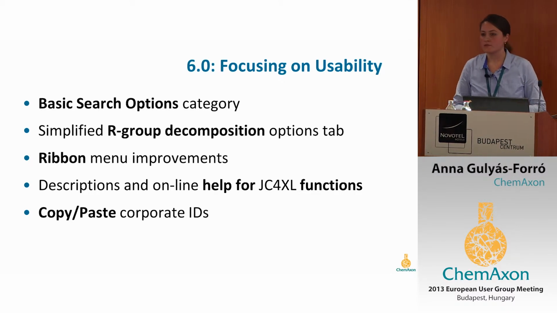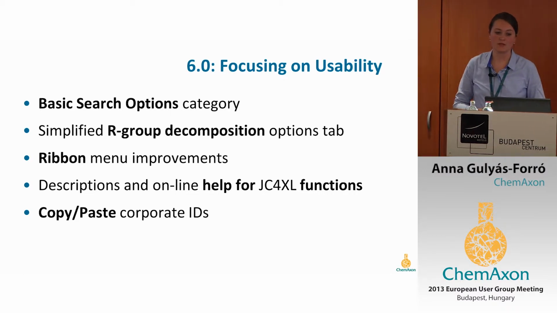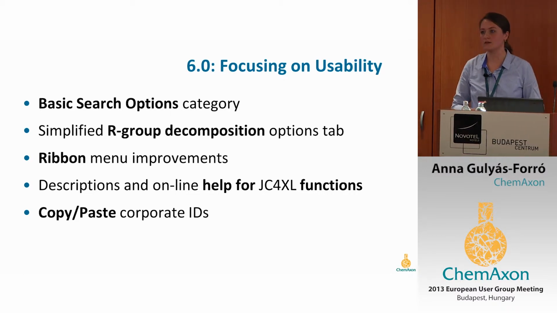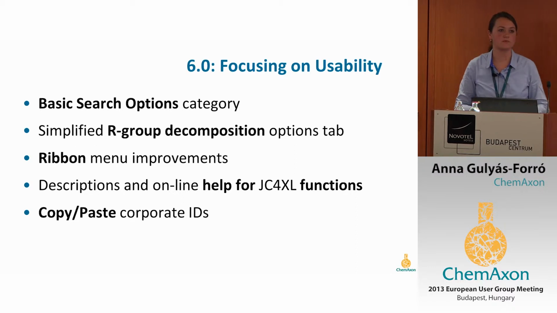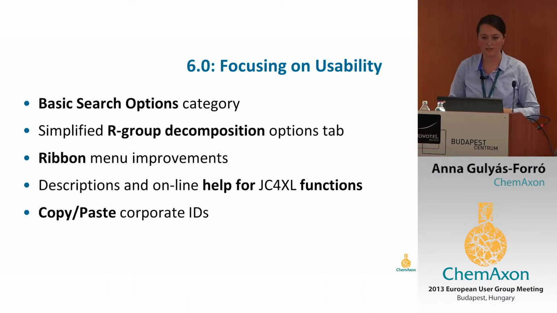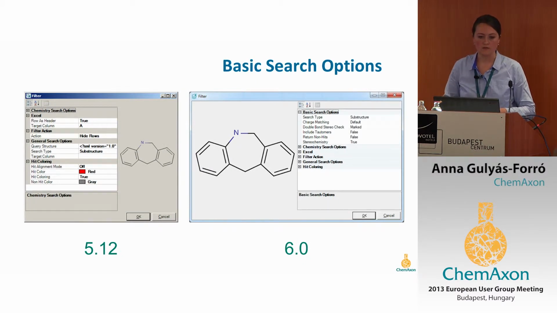A strong request from our users was that they needed descriptions for our online help and for JChem for Excel functions and arguments. This is also available now in the product, and we have some copy-paste improvements related to corporate IDs. I will show all these in demos.